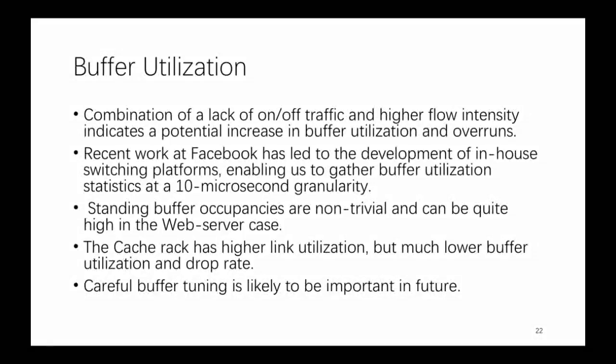We collect buffer occupancies over a 24-hour period for switching connectivity, web servers, and cache nodes at 10 microsecond granularity. But we saw that the buffer occupancies are non-trivial and can be quite high for web servers, even though the utilization is quite low. There exists diurnal variation in buffer occupancies, utilization and drop rate, highlighting that the correlation between these metrics is important over time.